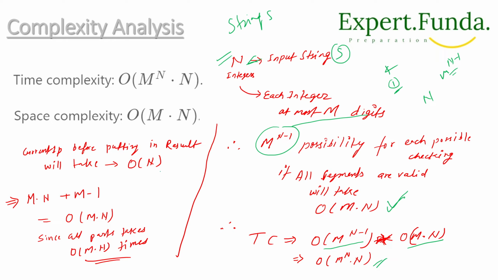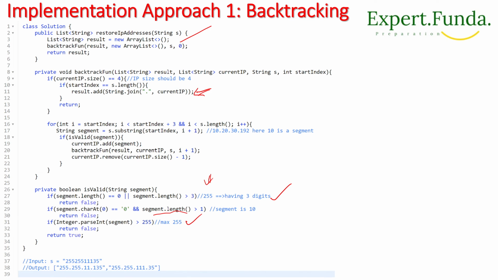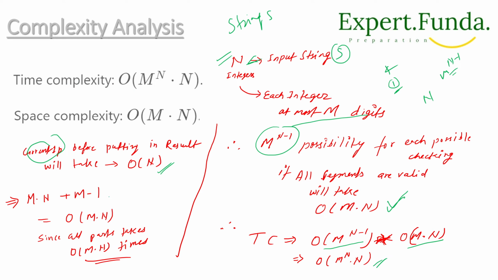If I talk about the space complexity, all the current IP, before putting into the result, will take O of n, because we are taking the current IP. Before adding onto the list, it will take O of n size.